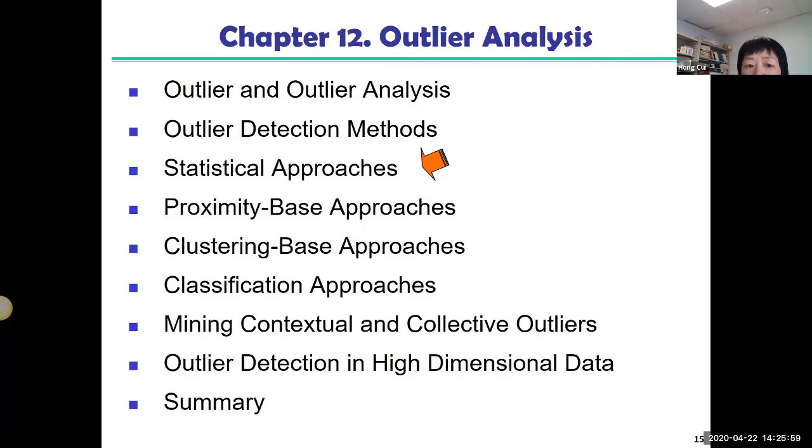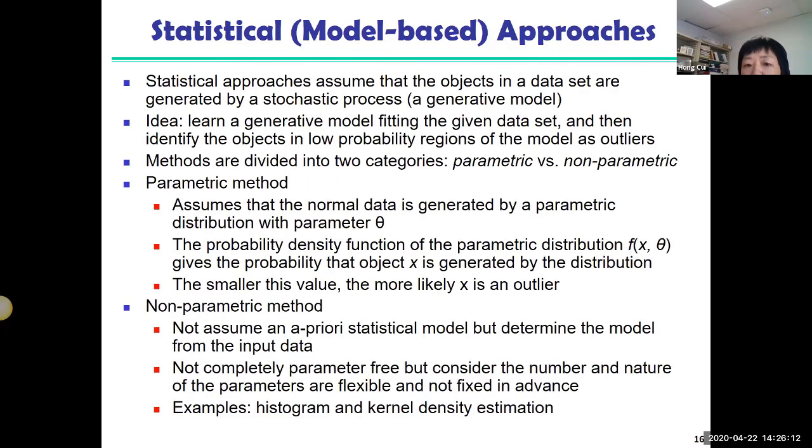So the following slides, we're going to go through those well-known and often used outlier detection methods, one type by one type. So, the statistical approach.